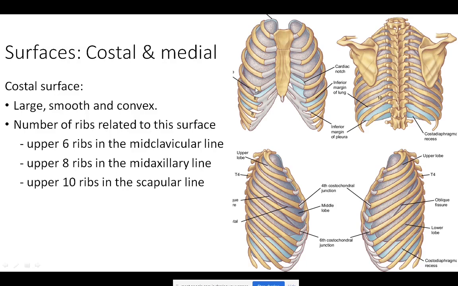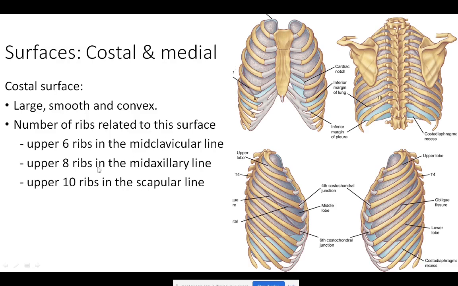The number of ribs related to the costal surface of the lung are the upper 6 ribs, like this. The upper 6 ribs anteriorly are related with the costal surface of the lung at the mid-clavicular line, meaning in the middle of the clavicle.